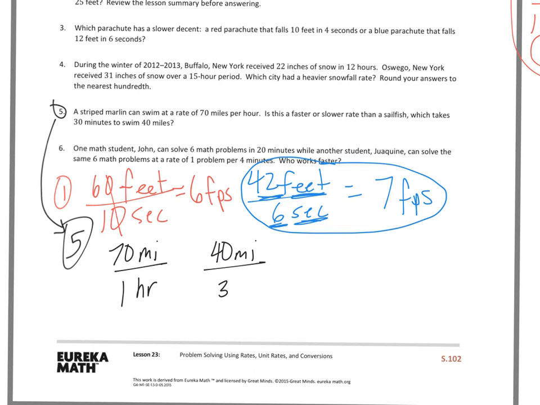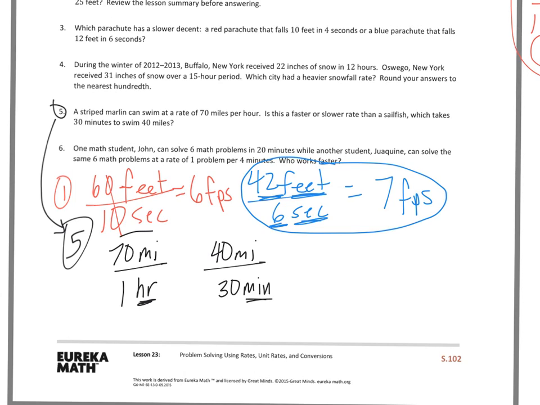in 30 minutes. And I have an issue here with this because I need them both the same unit. They both are showing time, but they're not the same unit. So what I want to try to do is get them to the same unit.